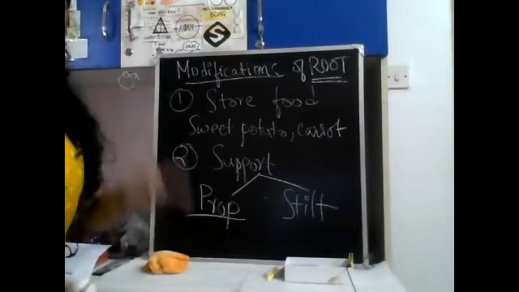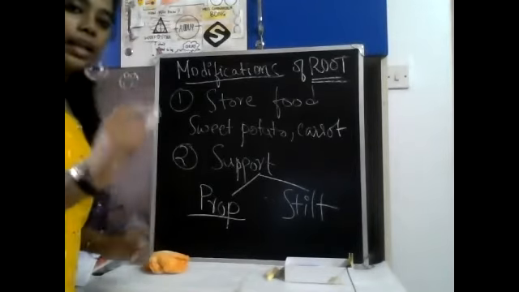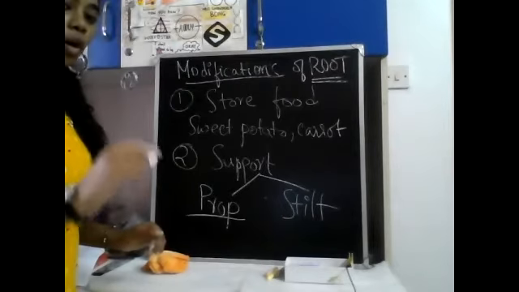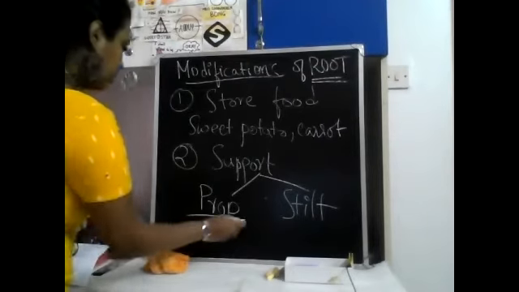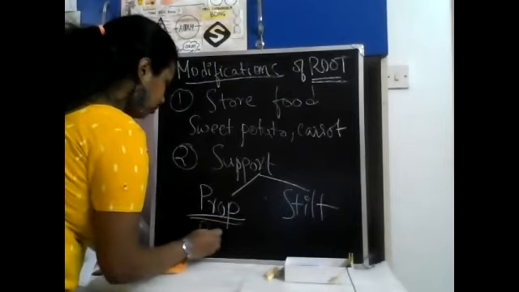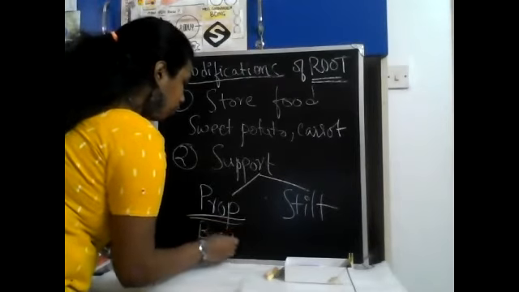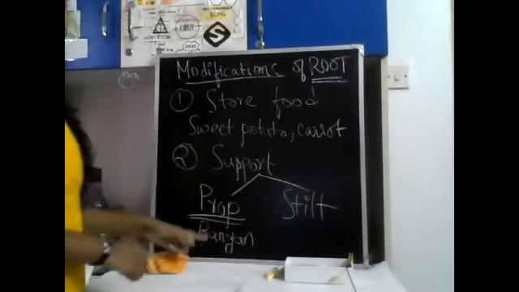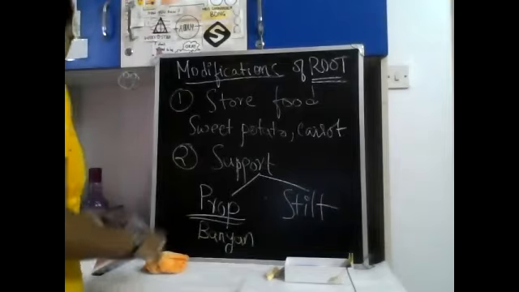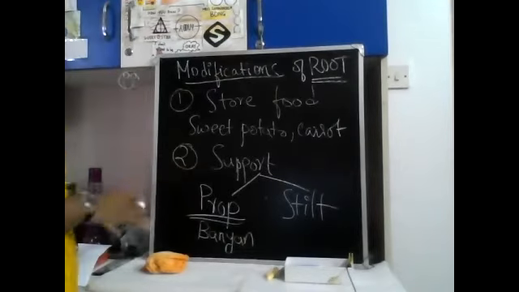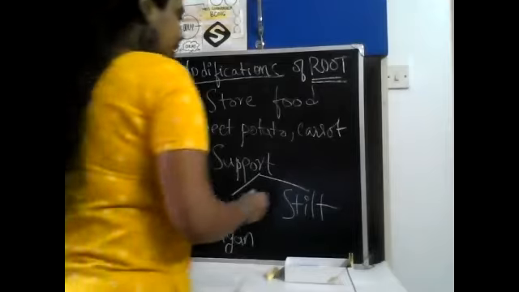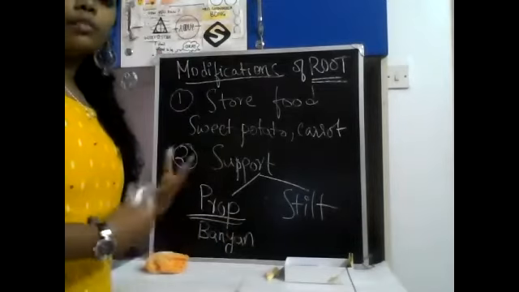We just saw adventitious roots, and the example for adventitious roots was banyan. So that is the same example we have here. It is a type of prop root. Okay, banyan.